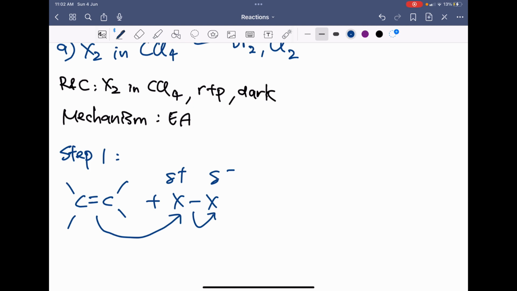And you're wondering why I thought this halogen is non-polar. Why is it that there's partial charges here? Well, because when this halogen approaches this electron-rich C=C bond, the electron cloud gets polarized, and hence the side closer to the electron-rich side becomes partially positive and the other side becomes partially negative. So now we continue, slow step.